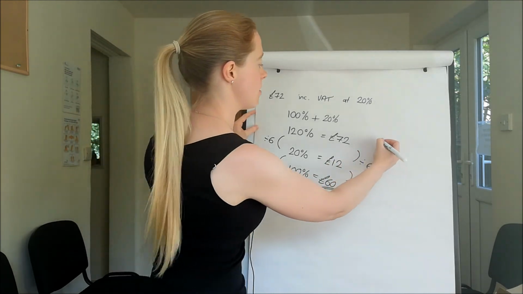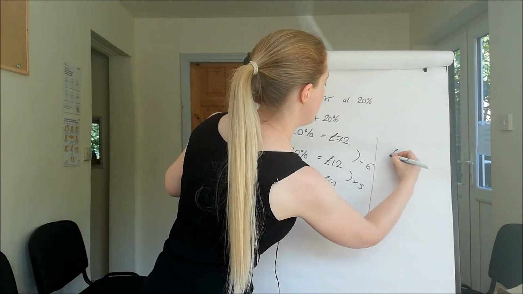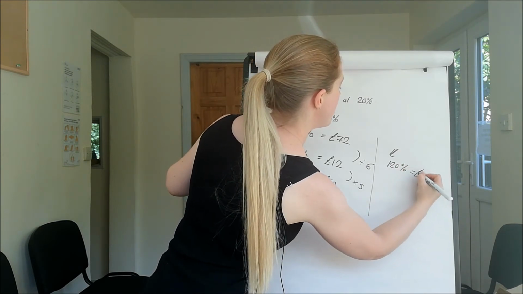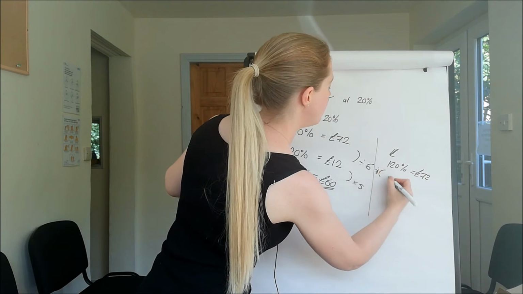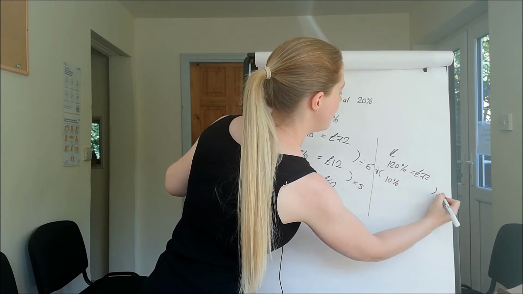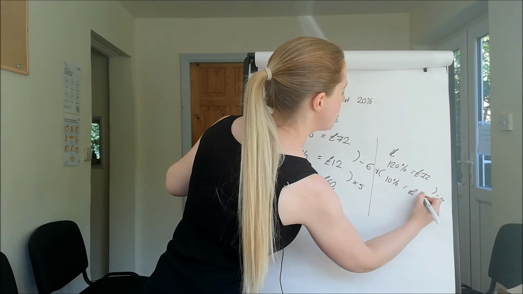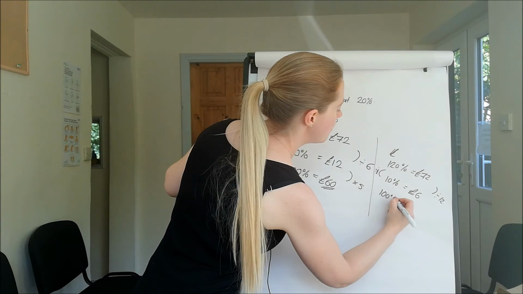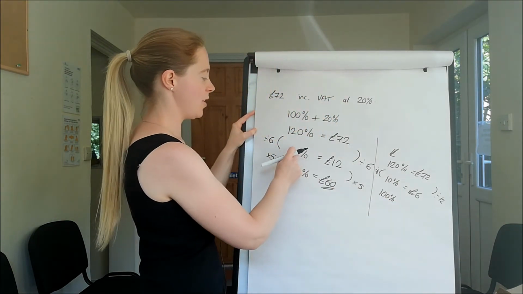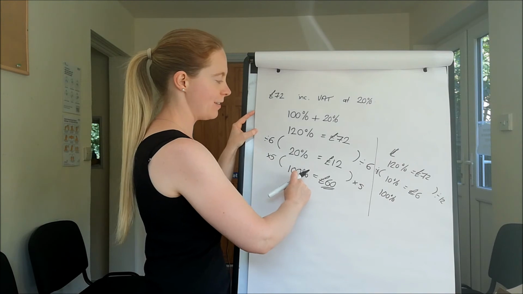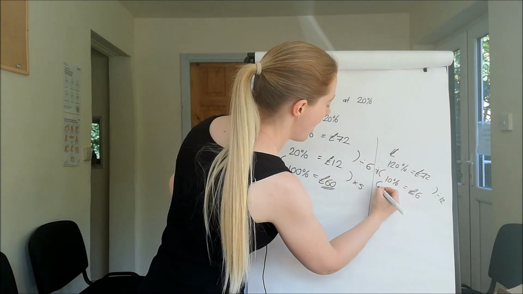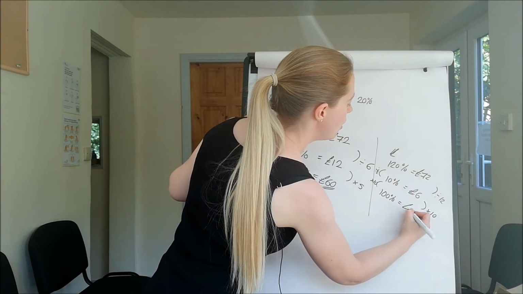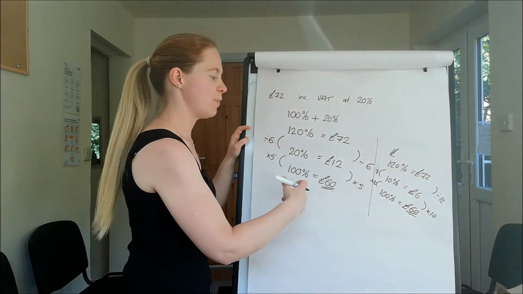So if instead I'd used 120% equals £72 and then decided to divide by 12 to give me 10% and divide by 12 to give me £6 instead, then I would still have got the same answer, because instead of then timesing 20% by 5 to give 100%, I would have been timesing 10% by 10 to give me 100%, which means the 6 would have got times by 10, which would have given the same £60 as before.